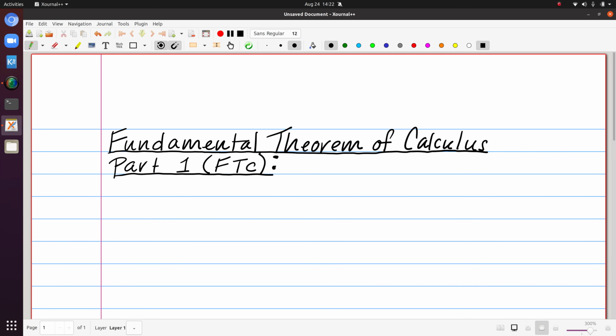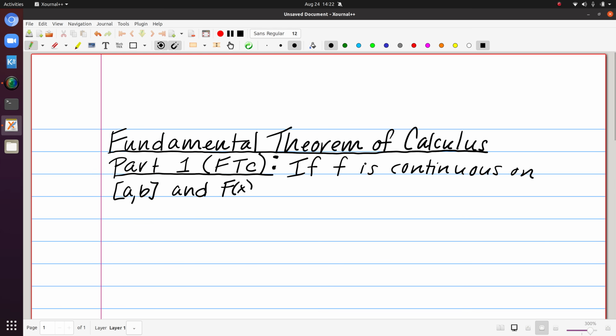So just for the statement, what we'll say here is that if f is continuous on an interval from a to b, and capital F is any antiderivative of lowercase f.